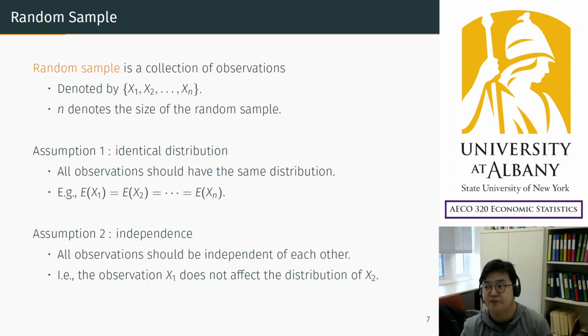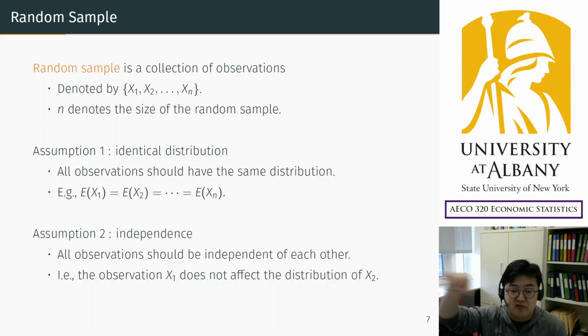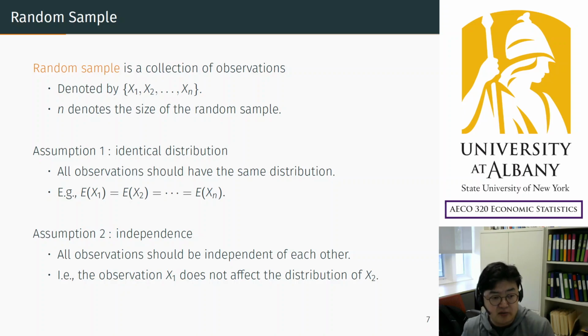For example, suppose you survey non-randomly, for example on campus. Then you are surveying only college students or professors on campus. So it is not independent. They are related because they are similar. If you do a survey in this area, you are going to observe similar people, so they are not independent.